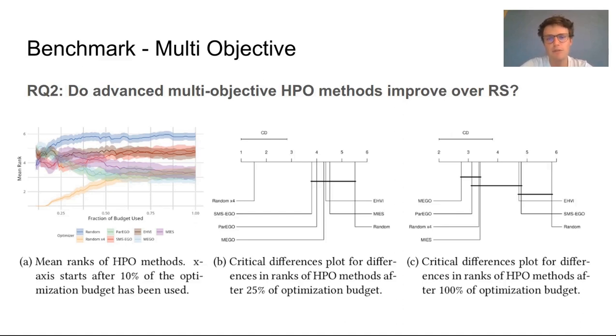After 25% of the optimization budget, we can see that random search with quadrupled budget actually outperforms all other methods, and there's no significant difference between random search and the other methods, such as MEGO and ParEGO. After the full budget, we can see that several methods, such as MEGO, ParEGO, and mixed integer evolutionary strategies are on par with random search and significantly outperform random search.